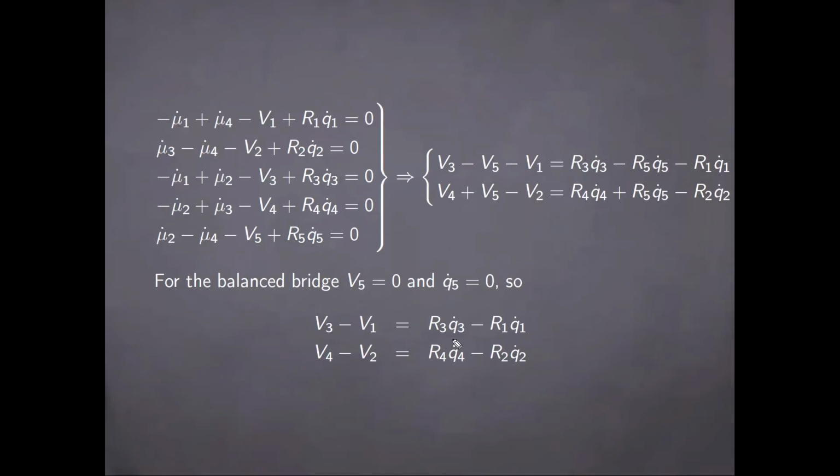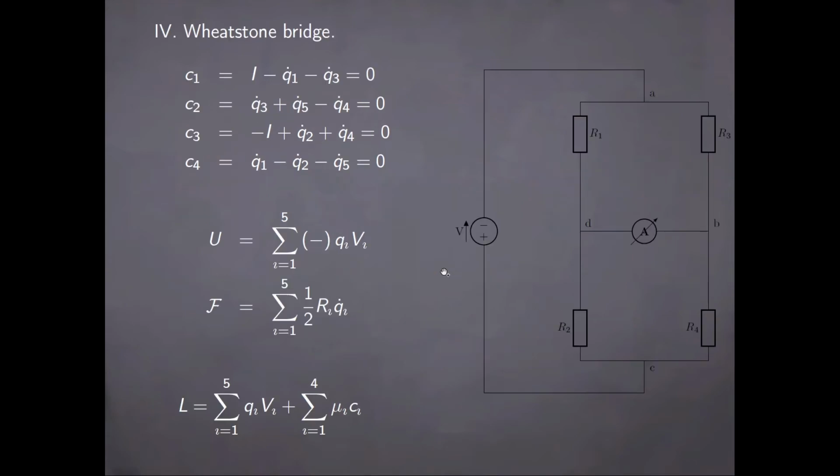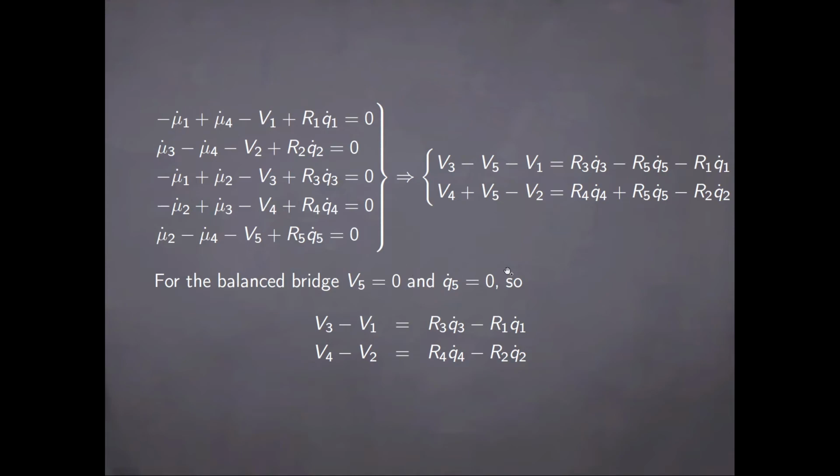As such, we will have these currents are equal and these currents are equal, and then what follows is that we find R4 simply as the product of these two divided by the product of R1. So this is a way of solving a Wheatstone bridge using Lagrangian dynamics and Lagrange's undetermined multipliers.